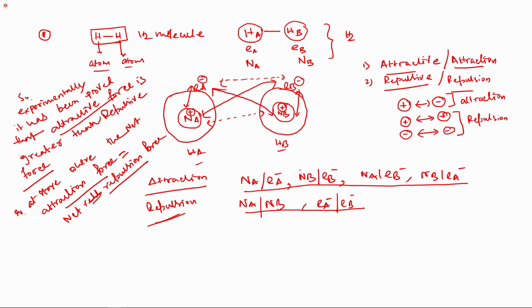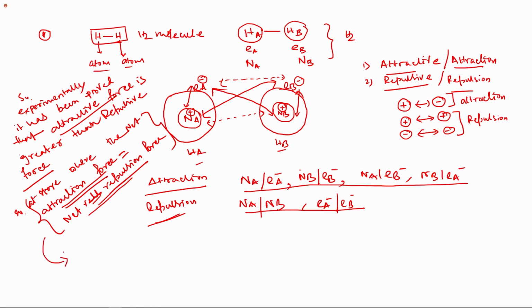In that stage, two hydrogen atoms are said to be bonded together to form a stable molecule having a bond length of 74 pm. So at that stage, the attractive force is equal to the repulsive force.